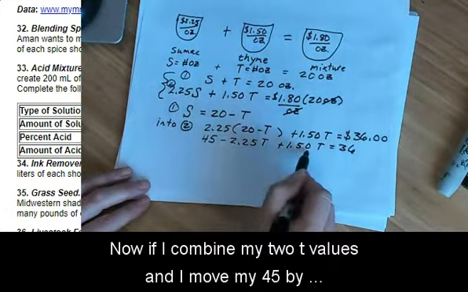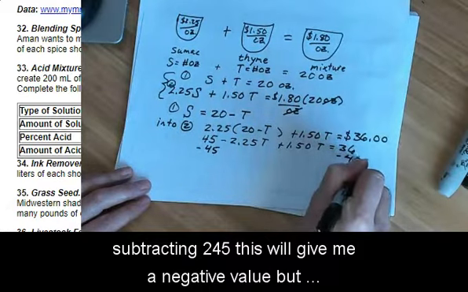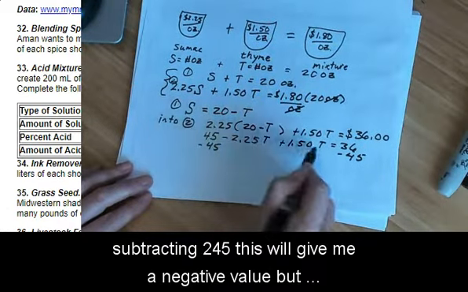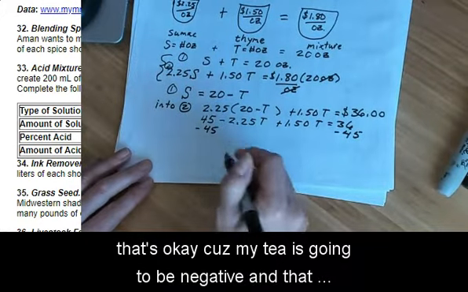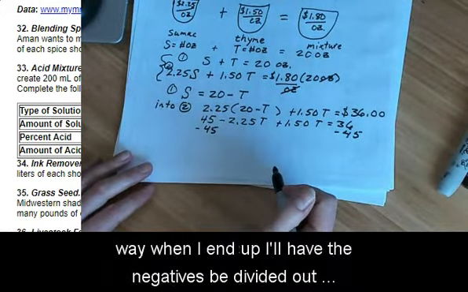Now, if I combine my two T values and I move my 45 by subtracting the 45, this will give me a negative value, but that's okay because my T is going to be negative. And that way, when I end up, I'll have the negatives be divided out, and then I'll have a positive.